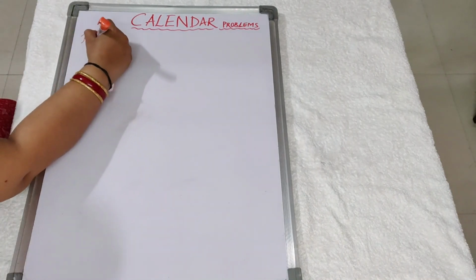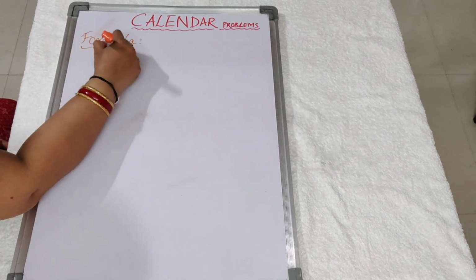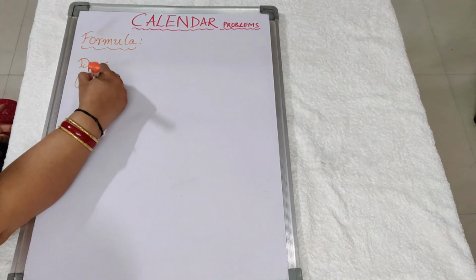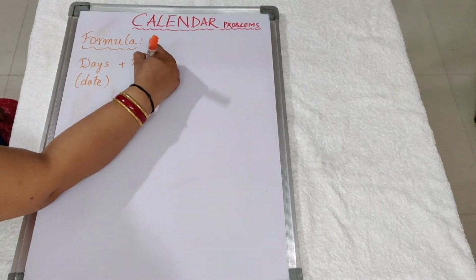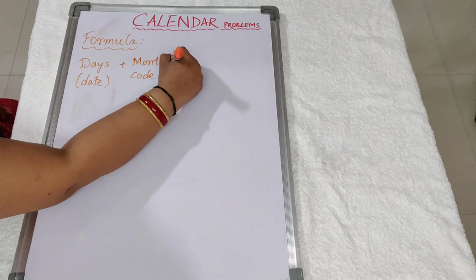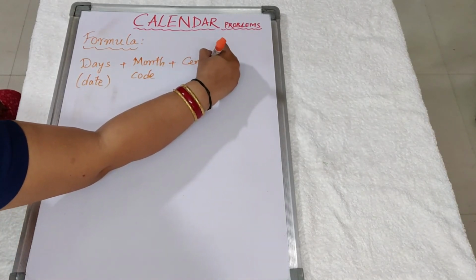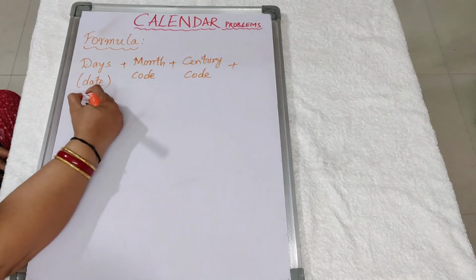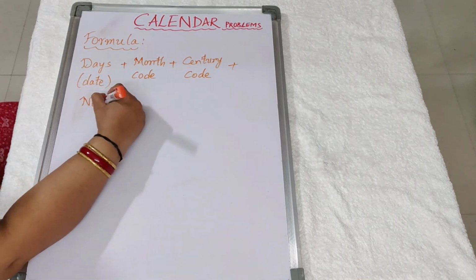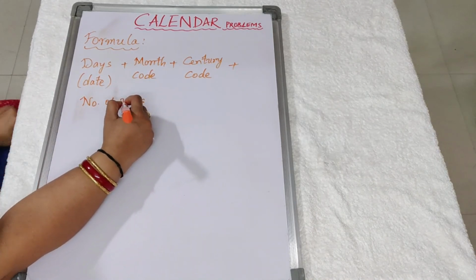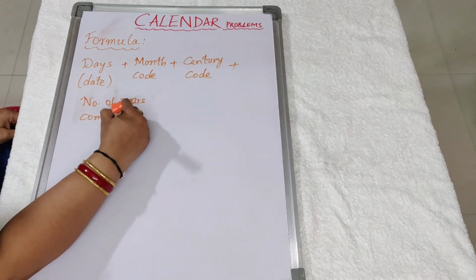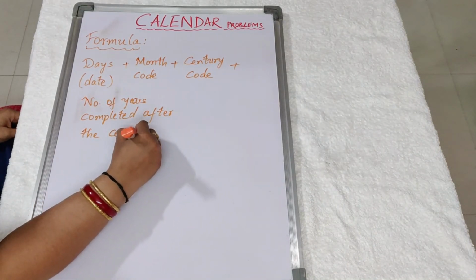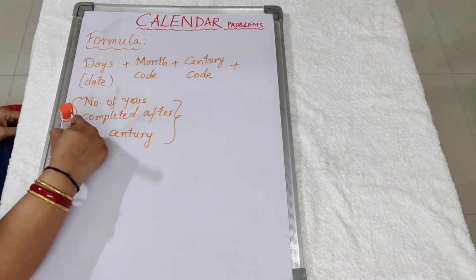The formula, as we all know from part 1, is the number of days, that is the date given to us in the question, plus month code, plus century code, plus the number of years completed after the century.